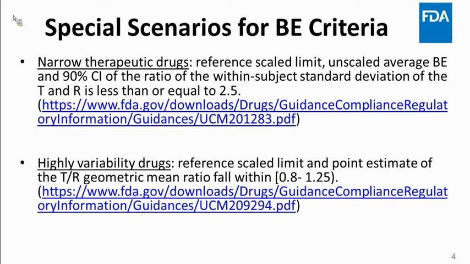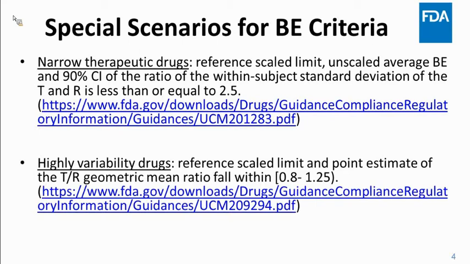It is not our scope to discuss the classification criteria for NTI and highly variable drugs for this talk. For NTI drugs, 1, the BE limit for PK parameter based on reference scale BE limit.